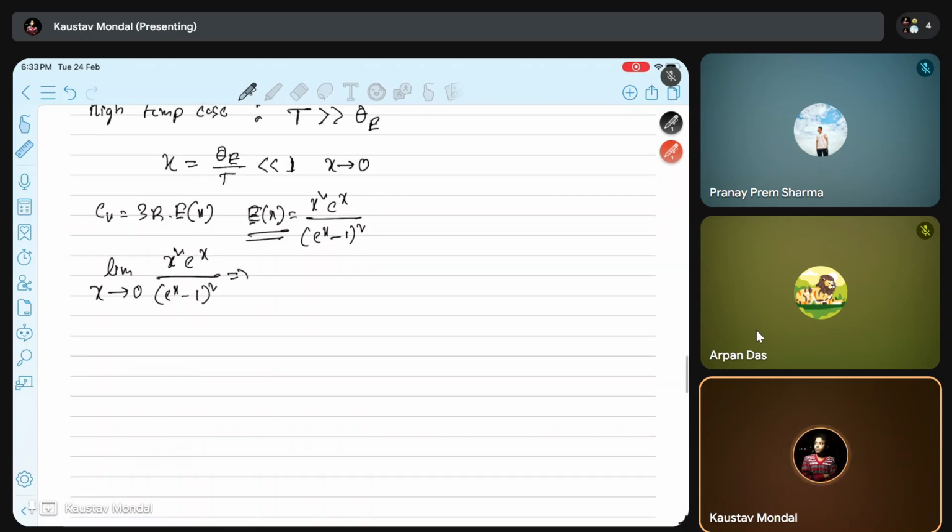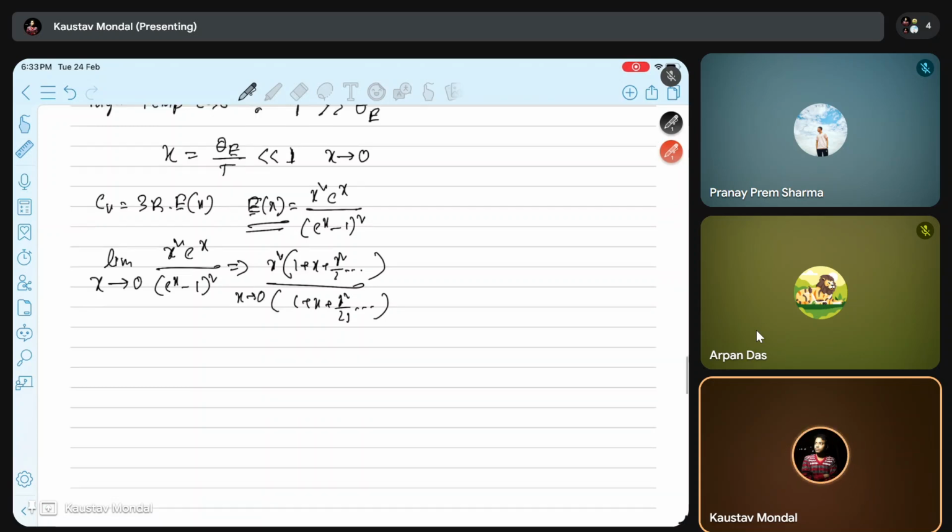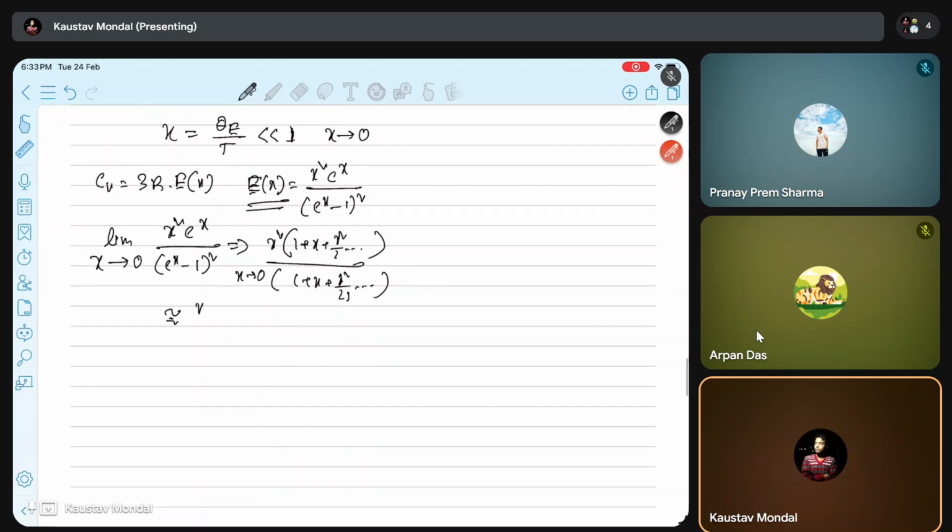If you expand e to the power x as a power series in higher orders of x, and then divide by this series, 1 plus x plus x square by 2 factorial and so on, at the limit x tends to 0, you will get something like x square by x square, which is basically 1.